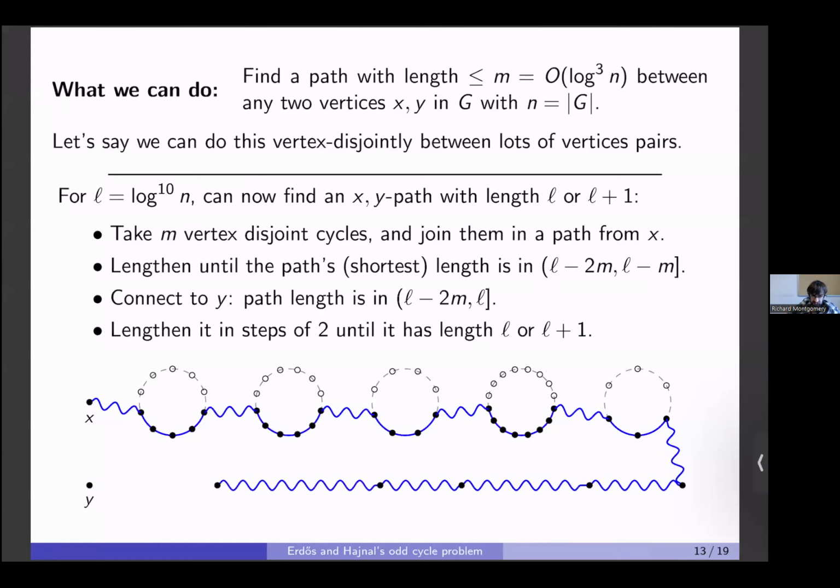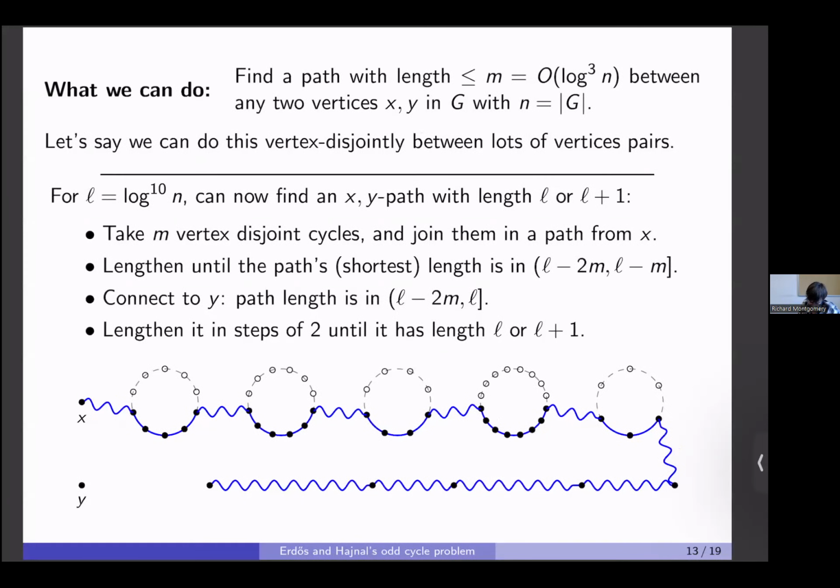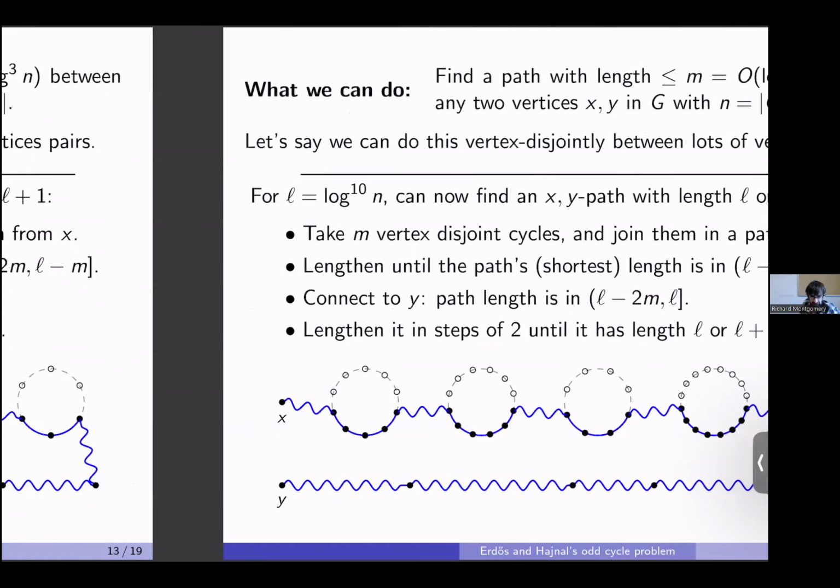And I extend the path until its length, going through the shortest loops of the cycles, is between L minus 2m and L minus m. And now I can connect the end of that path to x with a path of length almost m.